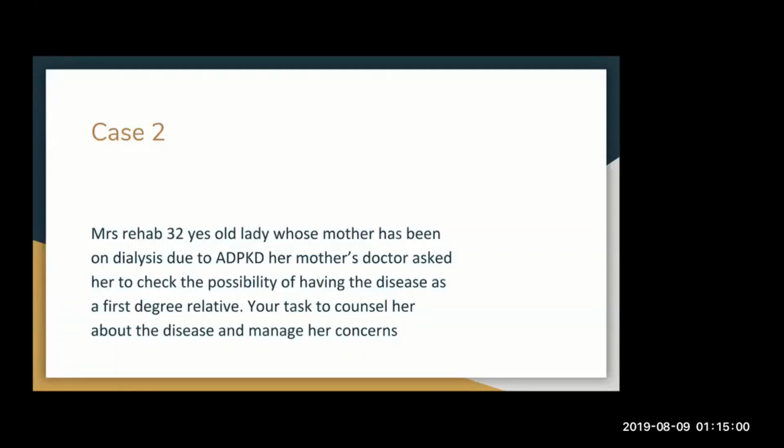We can sign it out by imaging called ultrasound. If these cysts are present, this means you have the disease. If not, this means you don't have the disease, but we have to follow up with you.